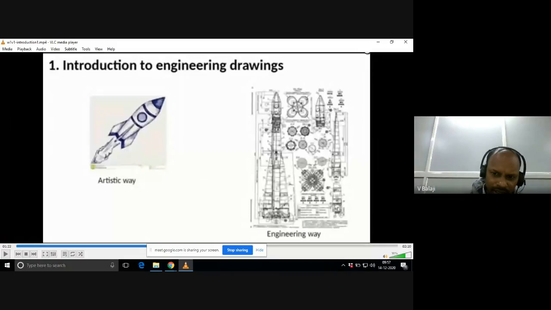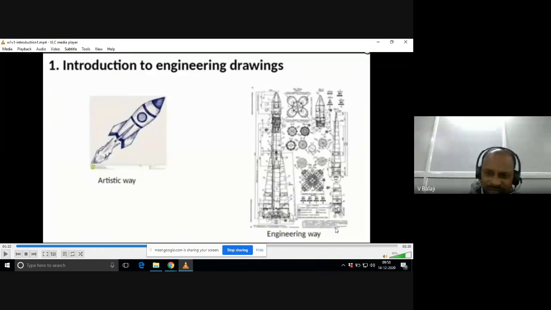If you split all the parts, there are so many blades, fans, lights, electrical, mechanical, computer, everything inside. You have to split all the parts and prepare each individual drawing. Suppose there is a fan: how many blades it has, what is the profile of that blade, thickness of the blade, material of the blade, finishing of the blade, so many things are there.